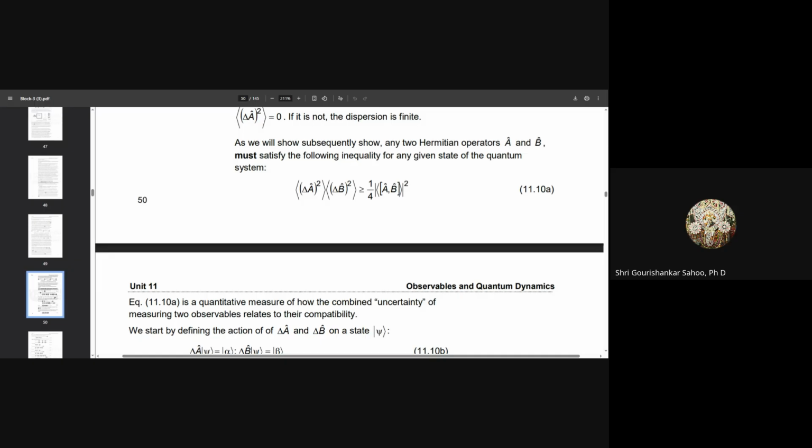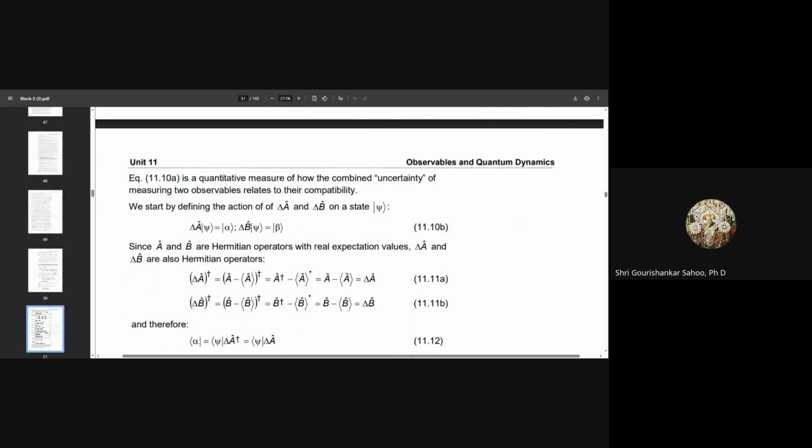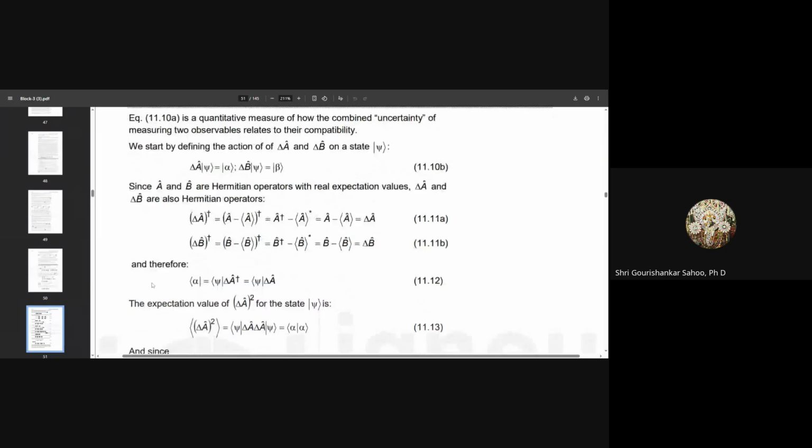So let us start by defining the action of del A cap and del B cap on the state psi. You can write del A cap psi is equal to alpha and del B cap psi is equal to beta. Then since A cap and B cap are Hermitian operators with real expectation values, del A cap and del B cap are also Hermitian operators, and you can write del A cap dagger is equal to del A cap and del B cap dagger is equal to del B cap.